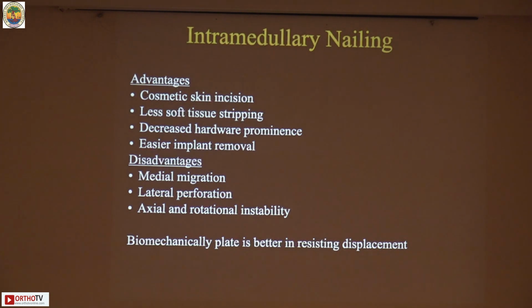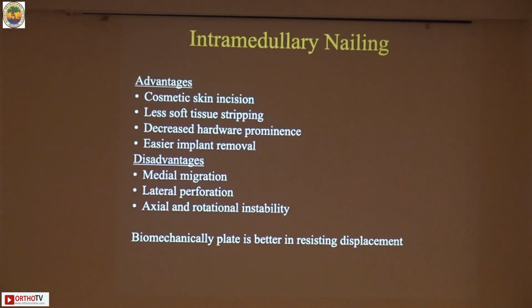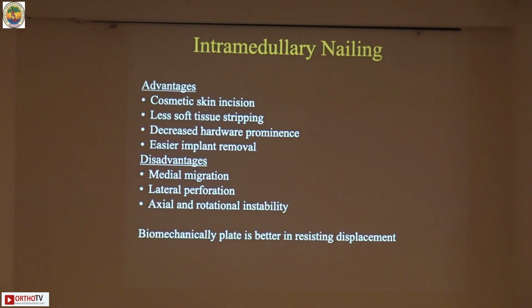With an intramedullary nail, the skin incision is cosmetic, there is less soft tissue stripping, decreased hardware prominence and easier implant removal, but medial migration is common, lateral perforation is common, and there is no axial and rotational stability. Biomechanically, the plate is better in resisting displacement.